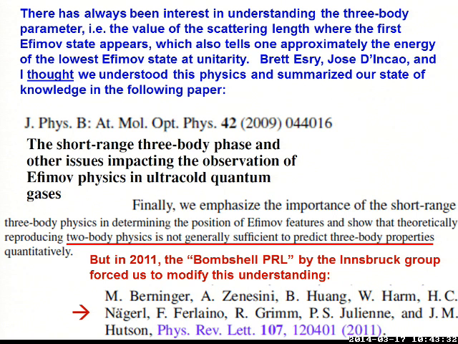And for a long time we thought, and I think the whole theory community thought, that the first Efimov state should more or less appear randomly and be almost unpredictable without really doing a detailed calculation for whatever Hamiltonian you have at interest. Experimentalists were always asking us this annoying question, where is that first Efimov state? And we always said, well, it's going to be anywhere. Who knows where it will be? Don't ask me. It can't be predicted.